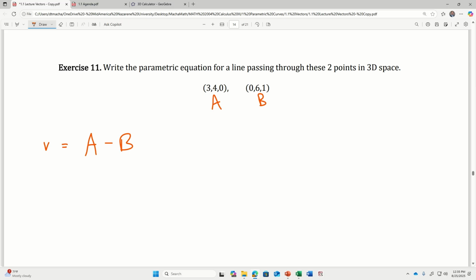Connor, what do I do next? You write 3 minus 0, 4 minus 6, and 0 minus 1. Okay, so all right, so I can actually calculate this difference vector. 3 minus 0, 4 minus 6, 0 minus 1. Okay, and then what do I do, Connor?